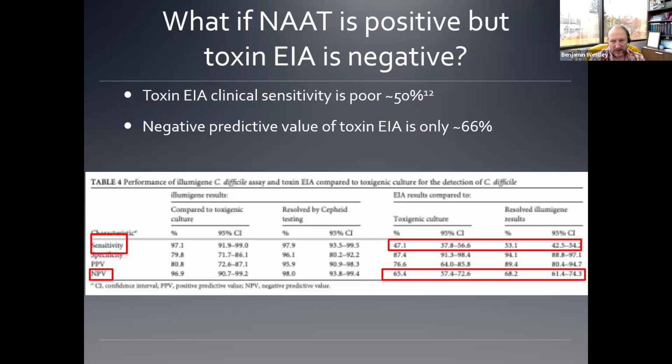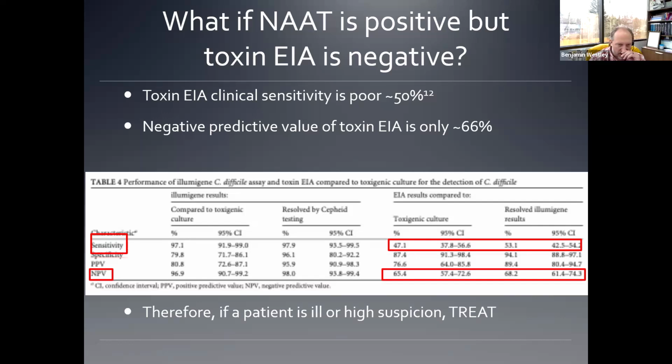And that's shown in one study here, and there are many similar here. But if you compare the Illumigene assay to the EIA, you see that sensitivity and specificity are poor.